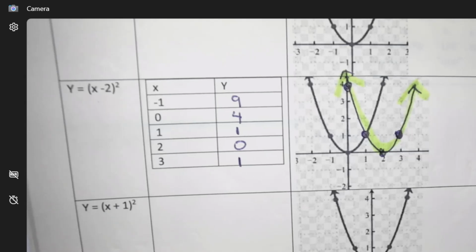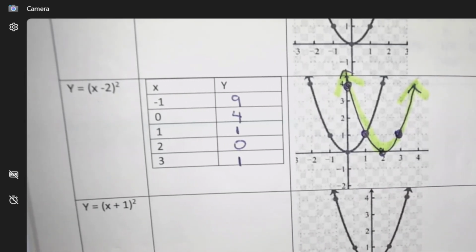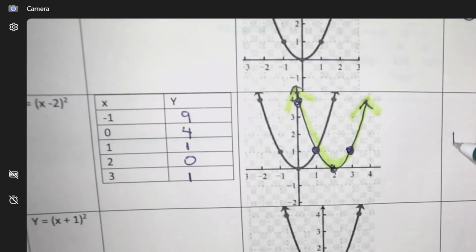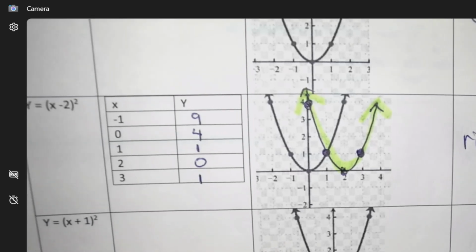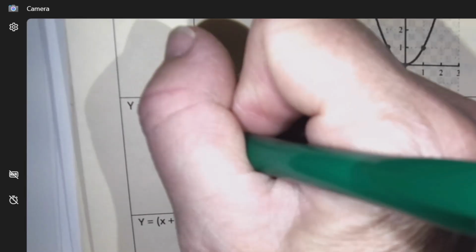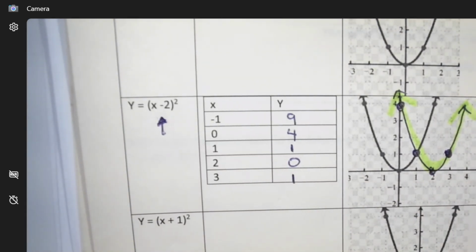Okay, so what happened? So this again, this one was the original, but now I'm here. So what happened to it? We moved right 2. Okay, this one's a little tricky because there was a minus sign and that doesn't really associate in your brain as right. Okay, so it is actually opposite.